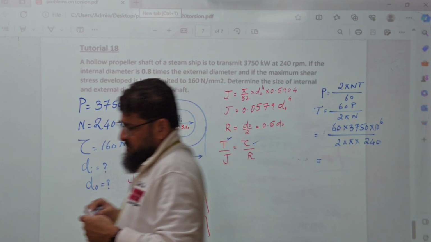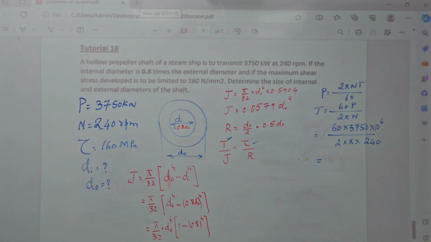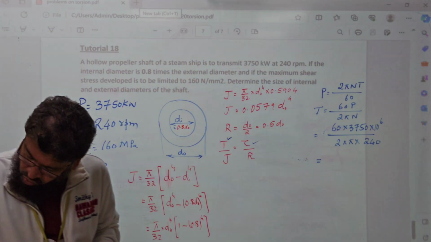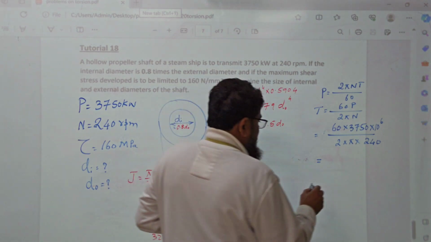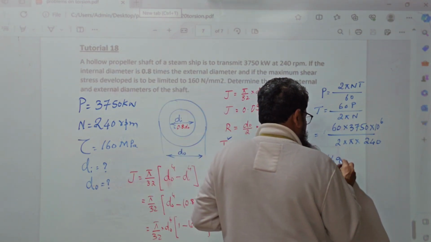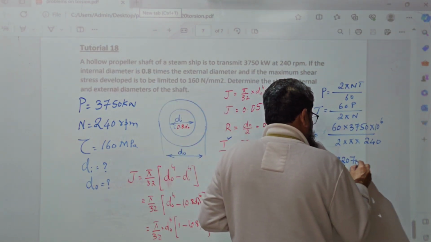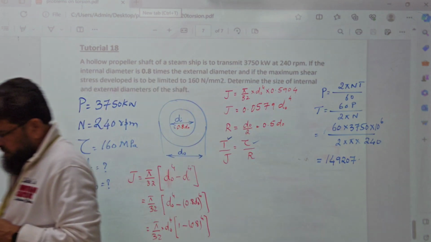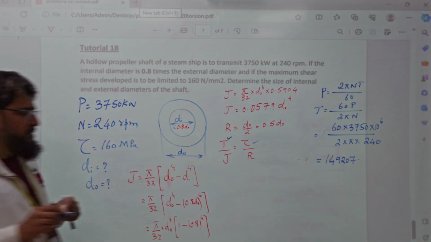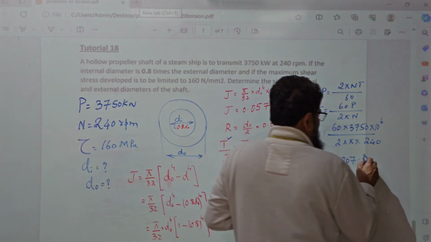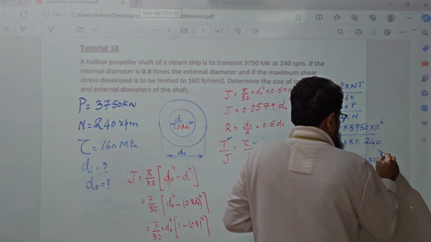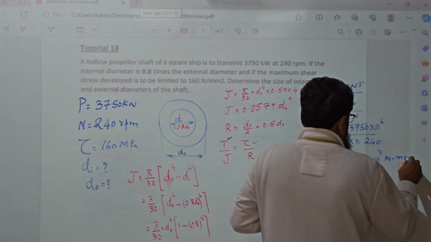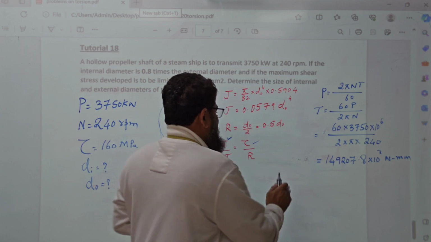This gives me 149,207.8 into 10 cube Newton millimeter. You have the value of T.